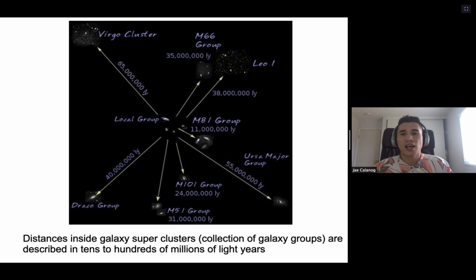And then within that comes a bigger group of galaxies called the Virgo supercluster, which includes all of these galaxies you see here in the picture, and more. If you're looking at the distances between these galaxy clusters, now you're talking about tens of billions of light years. For example, the Milky Way's group, the local group, is about 65 billion light years away from the Virgo supercluster. Just as an example, you're getting further out.